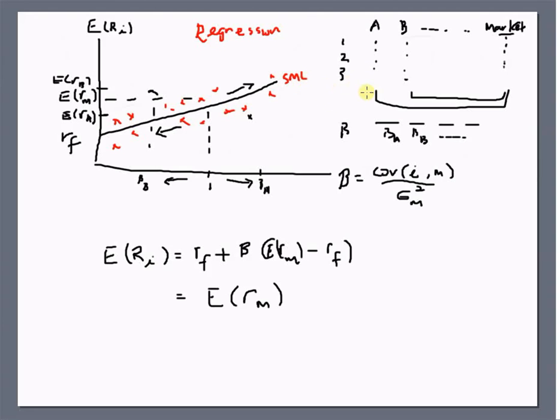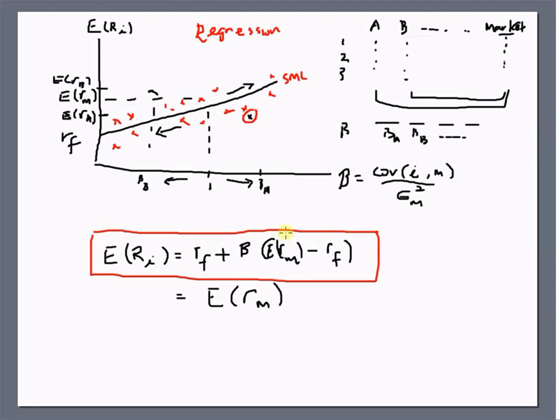Lastly, I just want to talk about the risk of any investment. Let's say we talk about this security A which we went through just now. What is the risk of investing in A? Using this formula, you can see that the risk of investing in A comes from here.